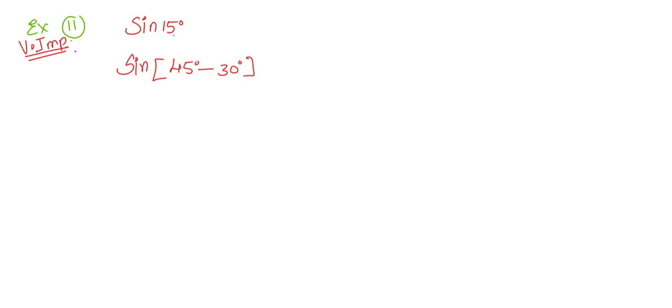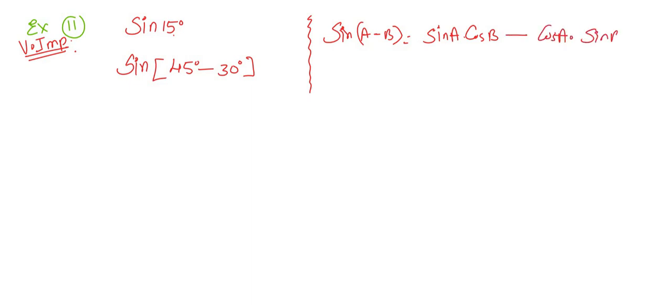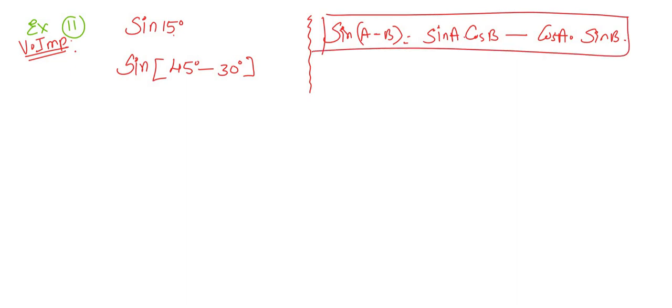In my formula video, I have told sin A minus B is sin A cos B minus cos A sin B. This formula is used multiple times. So if I consider this is A and this is B, what will it become? Sin 45 cos 30, then cos 45 sin 30.